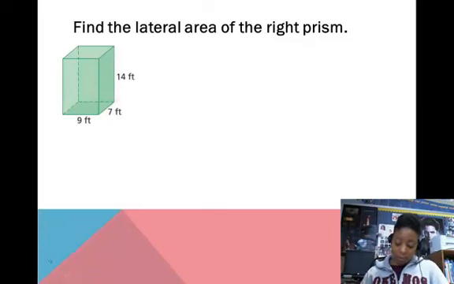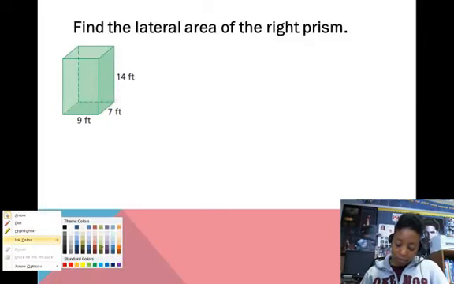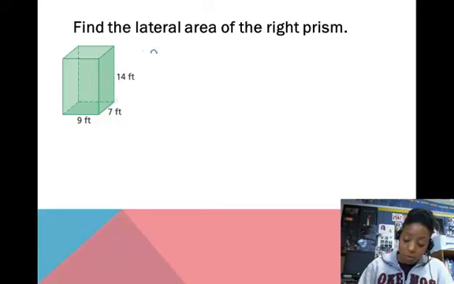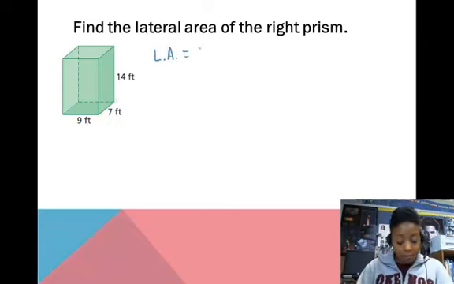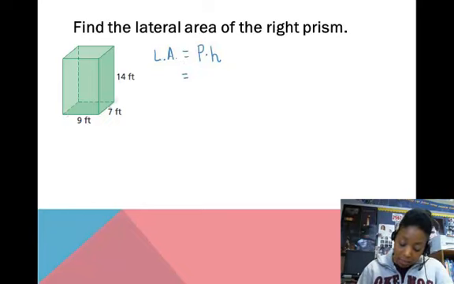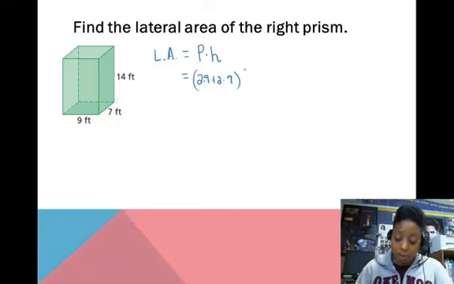All right, so let's find the surface area of this prism. This says find the lateral area. Lateral area is the perimeter of the base times the height. So the perimeter of the base is 9 plus 7 plus 9 plus 7, which is 2 times 9 plus 2 times 7. That represents the perimeter, times the height, which is 14.